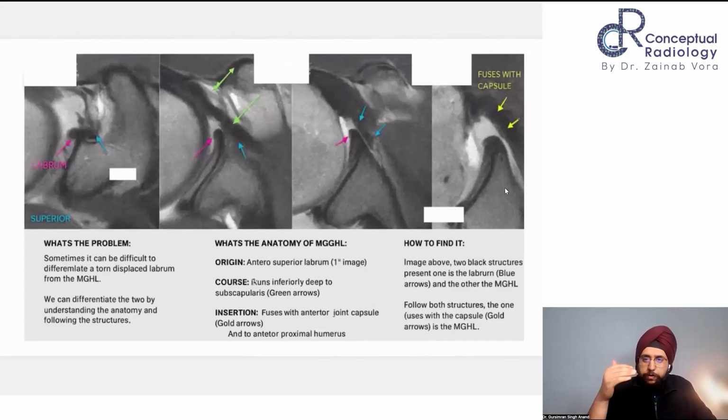So this is just a way how you differentiate the MGHL from the anterior labrum on the axial images. You just trace the two cranially and caudally. The MGHL will be merging with the anterior joint capsule just beneath the subscapularis tendon and will be arising from the anterior superior glenoid margin. So you have to follow both the structures, very easy to differentiate.